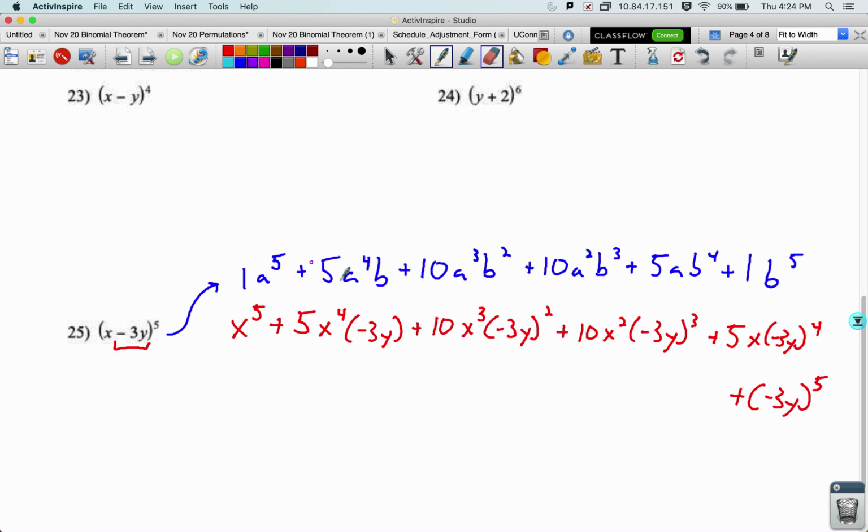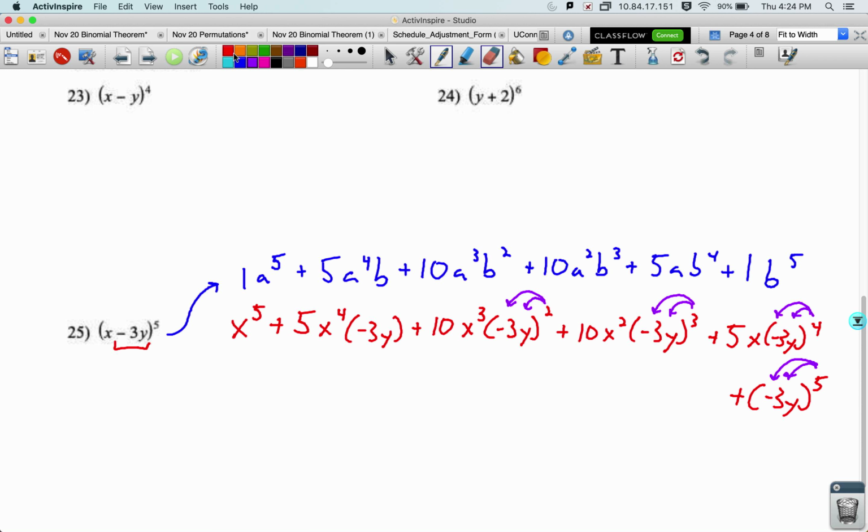Something that a lot of people forget is every single place where we got these parentheses, that exponent gets distributed to both the y and the -3. So I'll draw all of them just so we don't miss it.